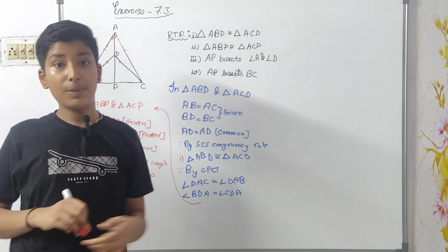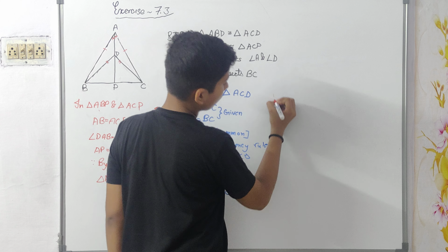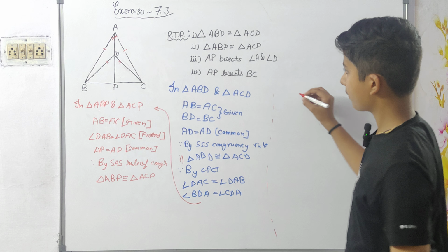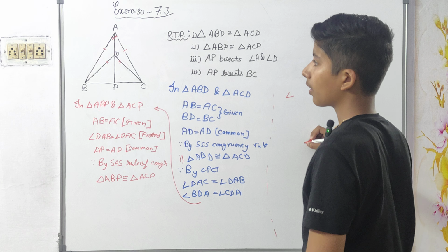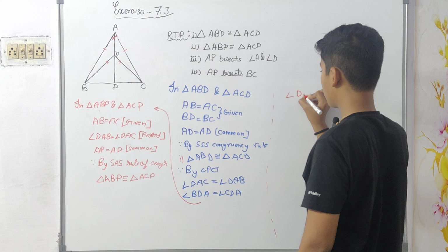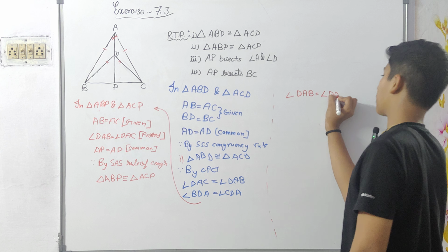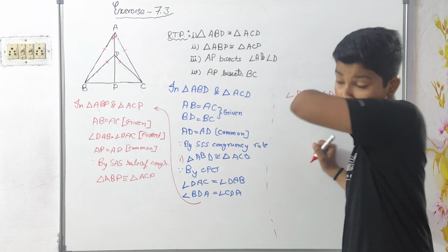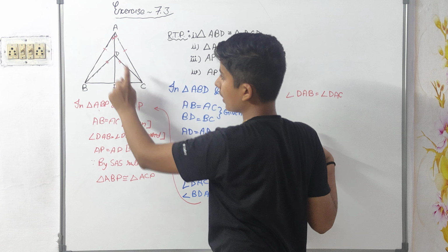Now we have to prove AP bisects angle A and angle D. So firstly we will write angle DAB equals to, this we have proved. Now angle BDA equals to angle CDA.